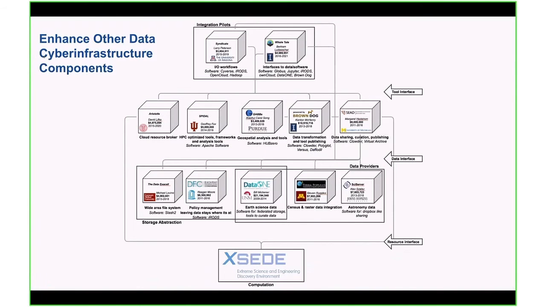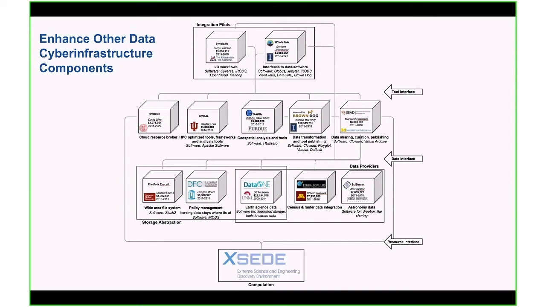In terms of the data management landscape, these are some of the data infrastructure building blocks in the DataNets, the NSF's data portfolio at the moment. There's a number of these things that deal with different aspects. I put XSEDE down here as the computational and data storage resources that NSF provides. Then on top of it, things that abstract away the storage layer, things that provide data sources for communities like astronomy, ecology, earth science, and so forth.